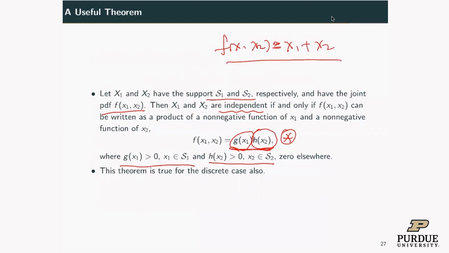The second part you need to be careful about is the support. Usually, if the support is not a rectangle shape, they must be dependent. So if you want to show independence, the support must be a rectangle shape.